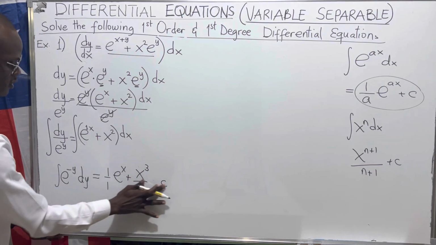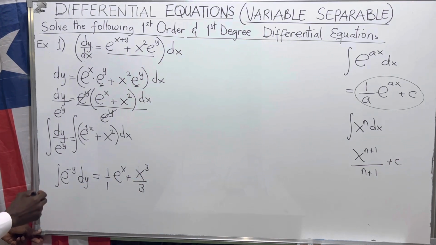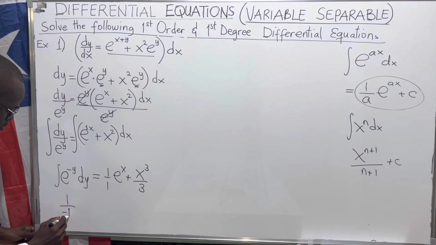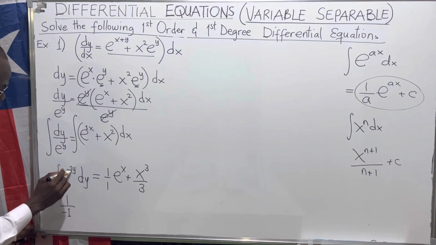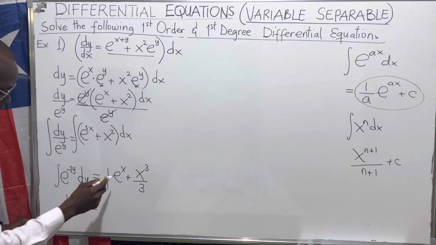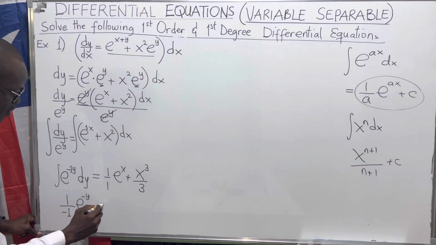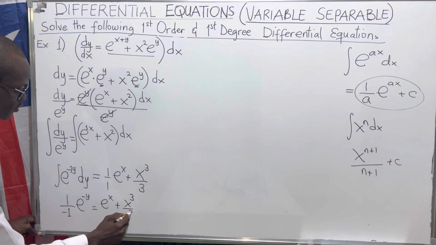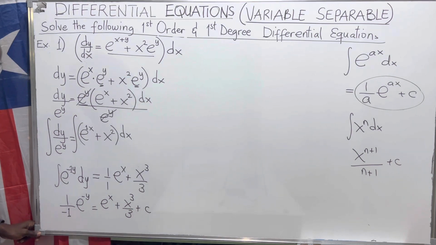Or we can first integrate this one before we attach that. So the integral of this one now is 1 all over negative 1, because the coefficient is 1, e raised to the power minus y equals, now this is e raised to the power x plus x cubed all over 3 plus some arbitrary constant c.